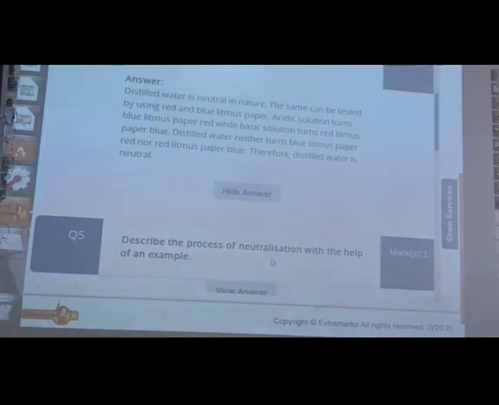The same can be tested by using red and blue litmus paper. Acidic solution turns blue litmus paper red, while basic solution turns red litmus paper blue. Distilled water neither turns blue litmus paper red nor red litmus paper blue, hence it is neutral. Are you getting my point or not?